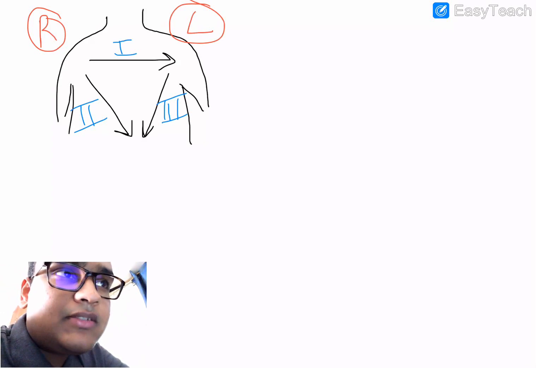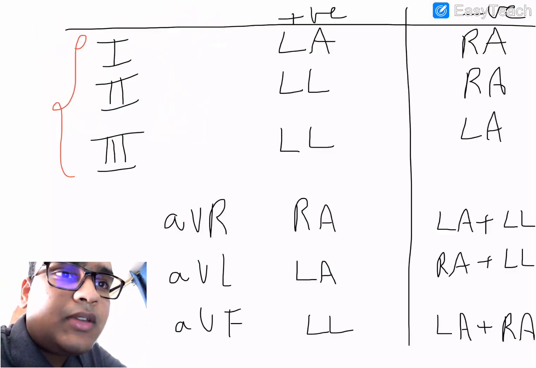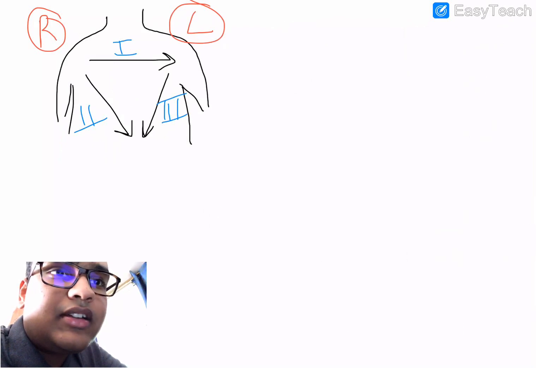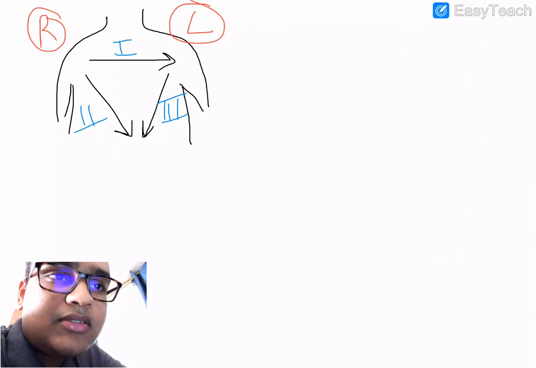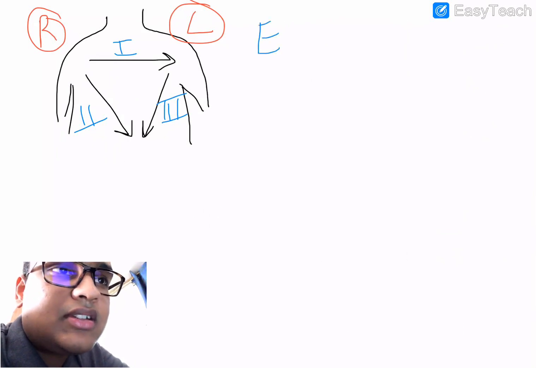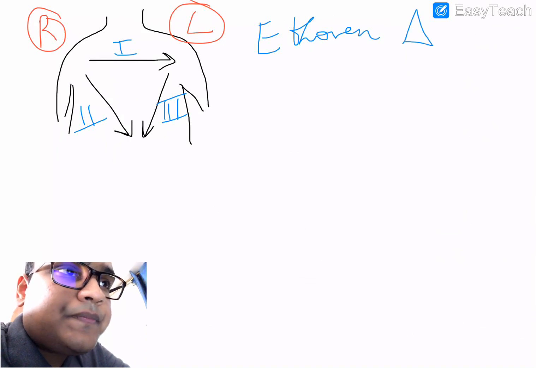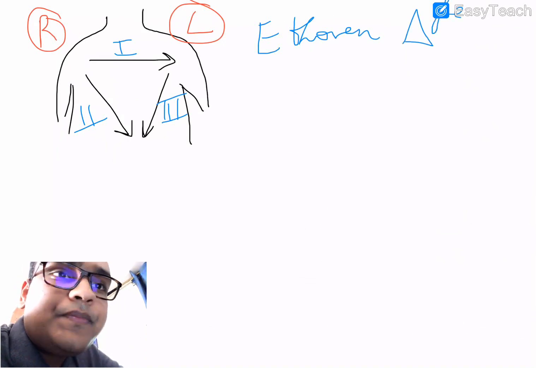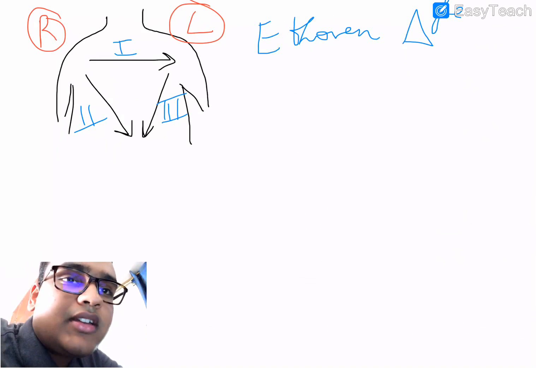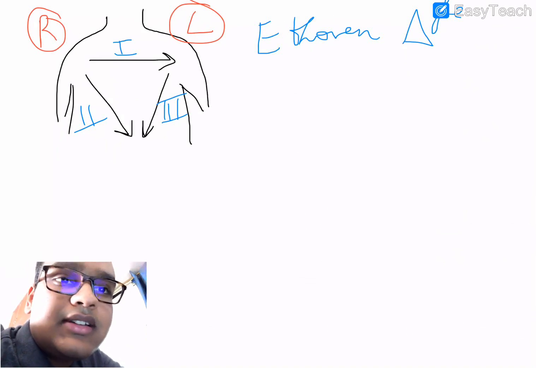So how do we get this? Based on left arm to right arm, we get an electrical vector there. Now this triangle is generated here. This is known as Einthoven's triangle. If you look at this triangle, it's nothing but vectors and their summation.